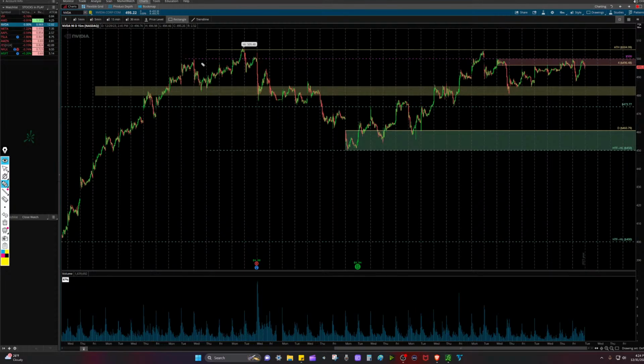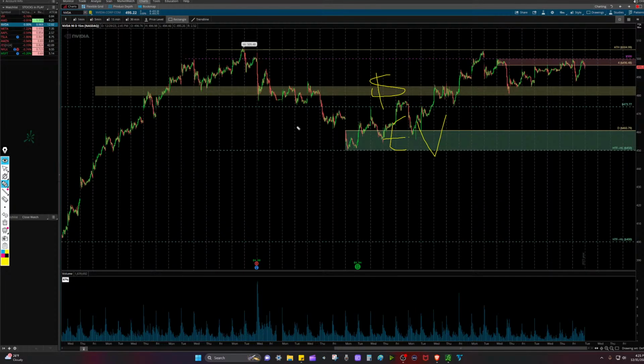So coming Tuesday, if this opens above 500, then that will immediately give me some confidence that this could possibly make another move up higher, considering all the factors like the overall stock or possible economic events.